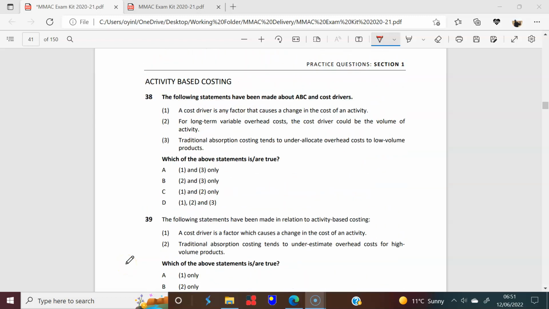Right. Activity-based costing. I think it's really important to understand what's happening here. With traditional absorption costing, what we always did, we would say, for example, listen, we have an overhead of 50,000. This A, we have B, and we would say you had 4,000 hours and you had 1,000 hours.